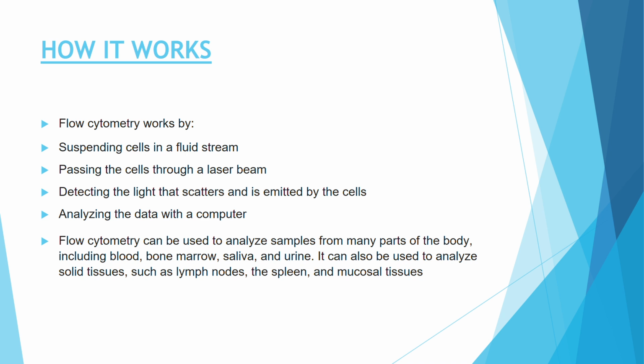Lastly, they analyze the data with a computer. Flow cytometry can be used to analyze samples from many parts of the body, including blood, bone marrow, saliva, and urine. It can also be used to analyze solid tissues such as lymph nodes, the spleen, and mucosal tissues. Mainly, it's used to analyze blood.